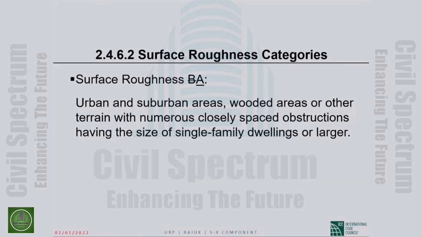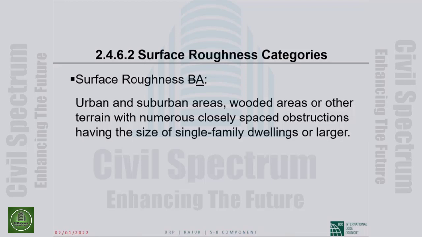So this is very basic and important. Your surface roughness A is urban and suburban areas, wooded areas, or other terrain with numerous closely spaced obstructions having the size of single family dwellings or larger.